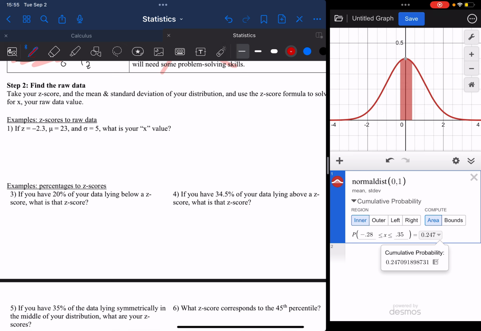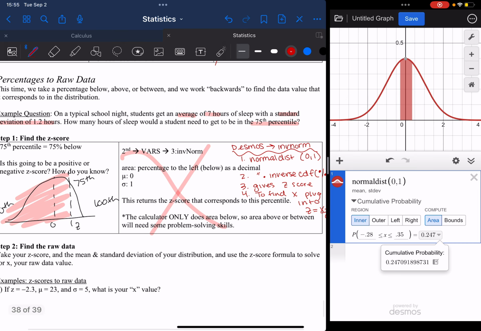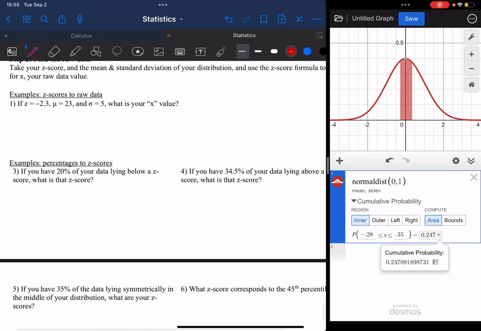So step 1 is to find your Z-score. Step 2 is to find the raw data, and that's what I meant by to find X, plug it back into your Z-score formula. So the example says if Z is negative 2.3, mu is 23, and sigma is 5, what is X?